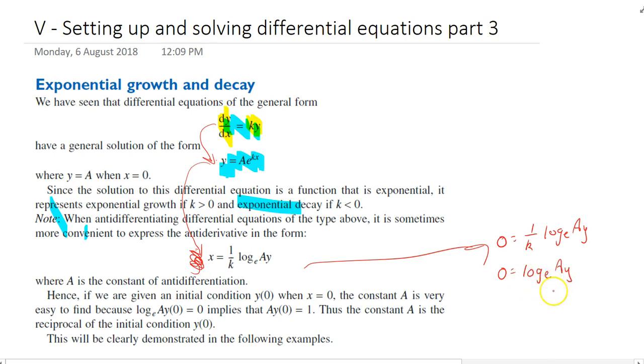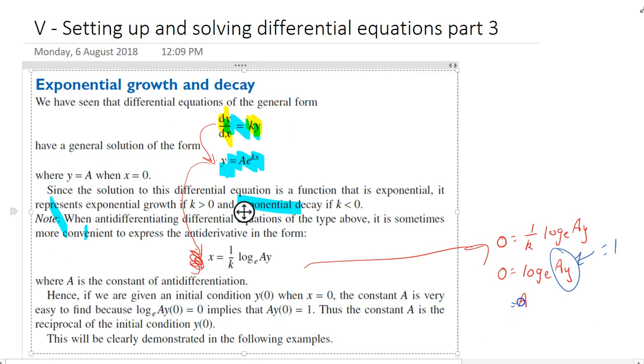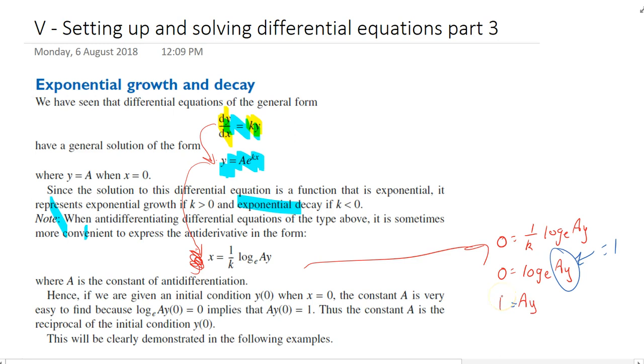And the only way that log base e of something can be equal to 0 is if this part of it is equal to 1. So now we can say that ay is equal to 1.